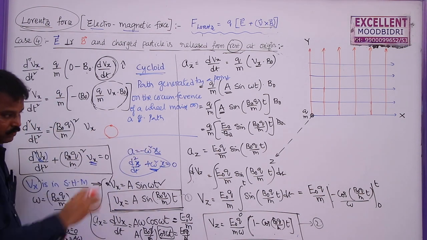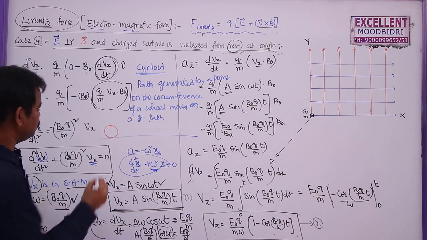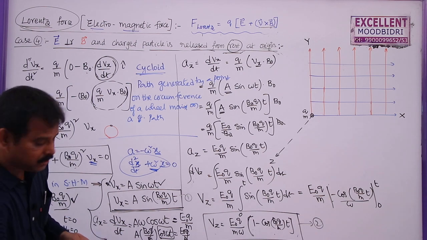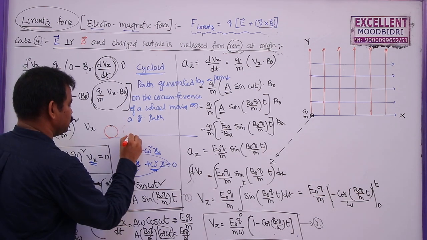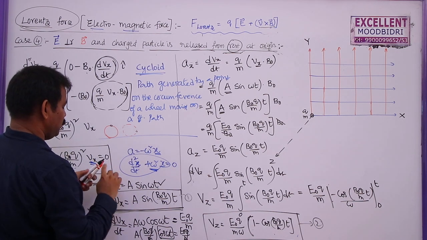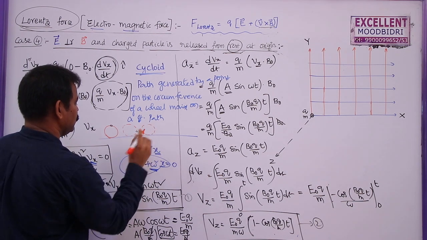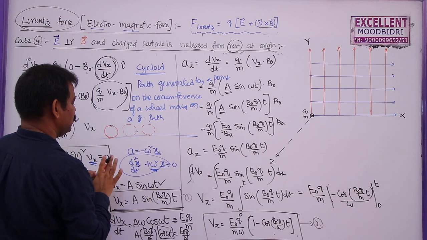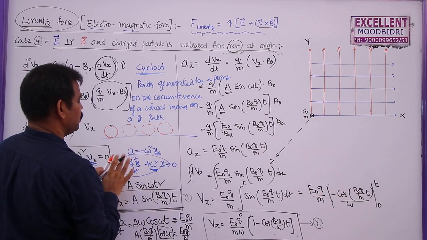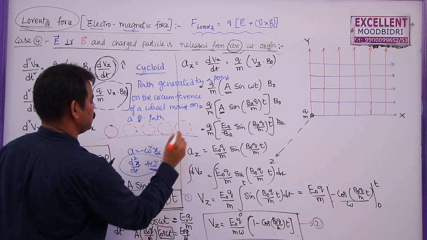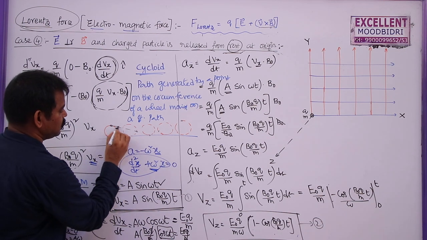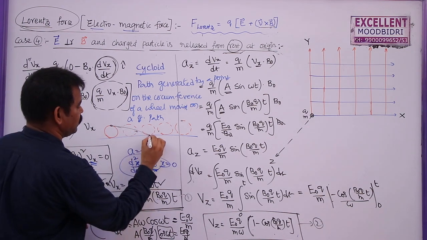If this wheel is moving along this straight path, I am considering this point. Now in the second position, when the wheel comes to this position, the point will reach here, and when the wheel comes to this position, the point will come down. When the wheel comes to this position, the point will reach here, and when the wheel comes to this position, the point will reach here. So you can join these points. So this is called a cycloid.